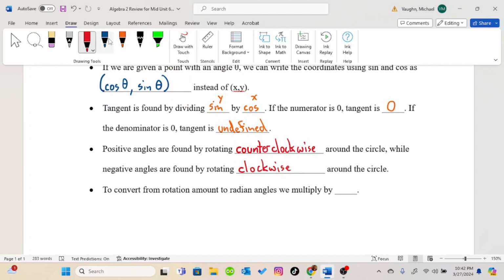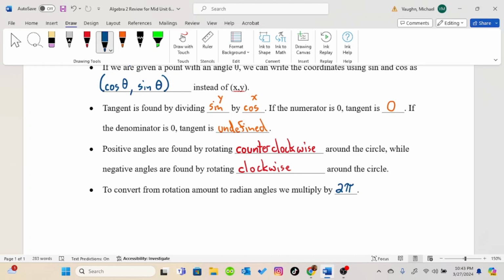And the final thing we need to make sure that we understand, to convert from rotation amount to radian angles, we multiply by 2 pi.